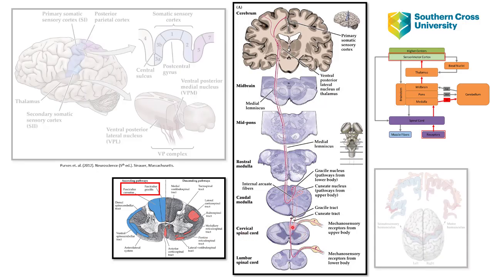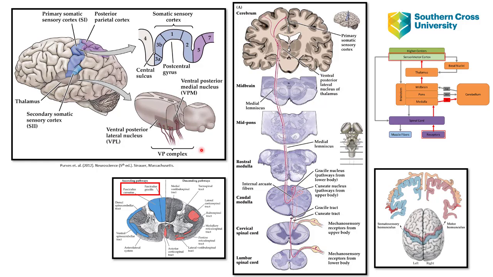Now, when we get up towards the top, just draw our attention to this VP complex. The VPL nucleus is this portion here. And so you can imagine that these second order neurons, which are the medial lemniscus neurons, are coming up, synapsing in that nucleus, that particular nuclei bundle of the thalamus.